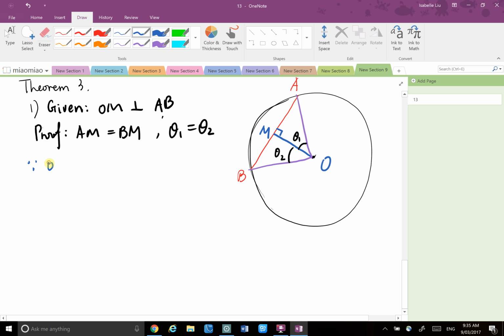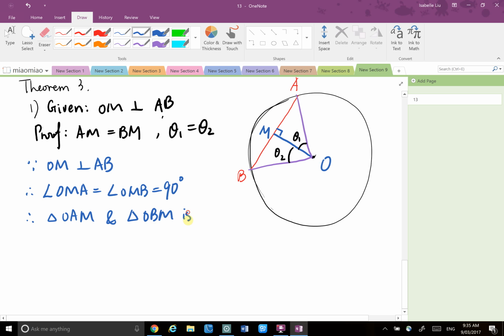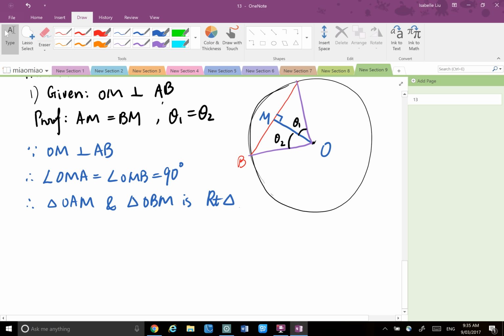Because OM is perpendicular to AB, angle OMA equals angle OMB equals 90 degrees. It's perpendicular, so triangle OAM and triangle OBM are right angle triangles.